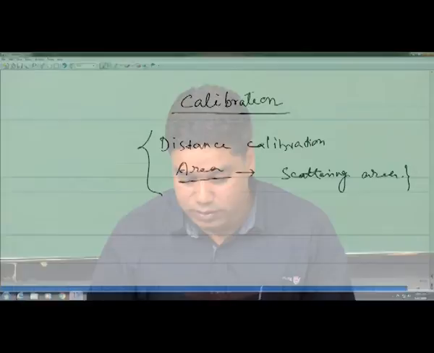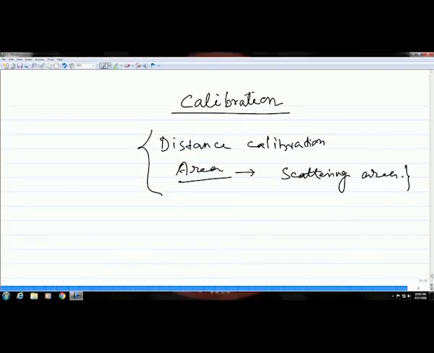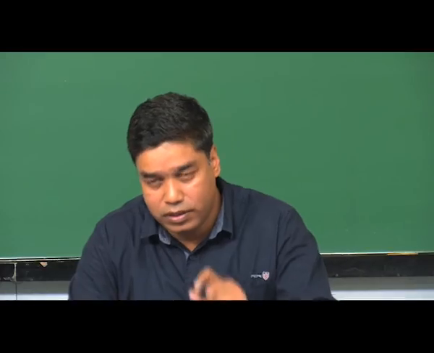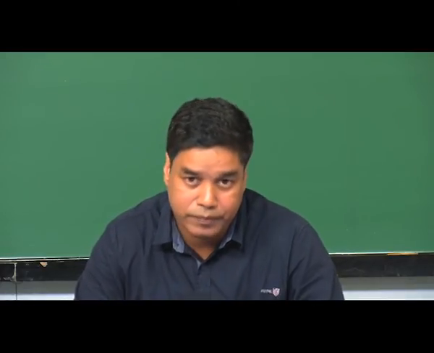So, in order to do this you need to use some reference blocks, some standard blocks, which will provide you some kind of artificial flaws which are already cut into them, and the location of those flaws in the block is known, and when you do the area calibration, the area of the flaw or the size of the flaw is also known. Okay.